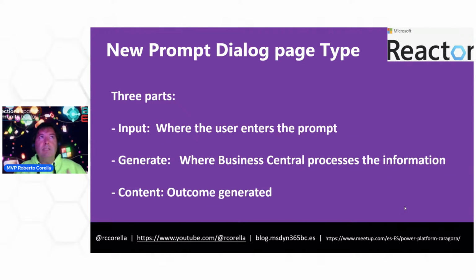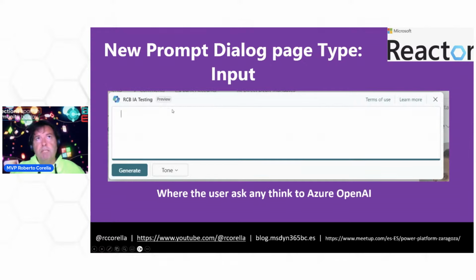What is the process that Copilot does in our operation? And the content is the outcome generated, the things that Copilot gives to the user, right? These are the three parts that we have in this kind of page.